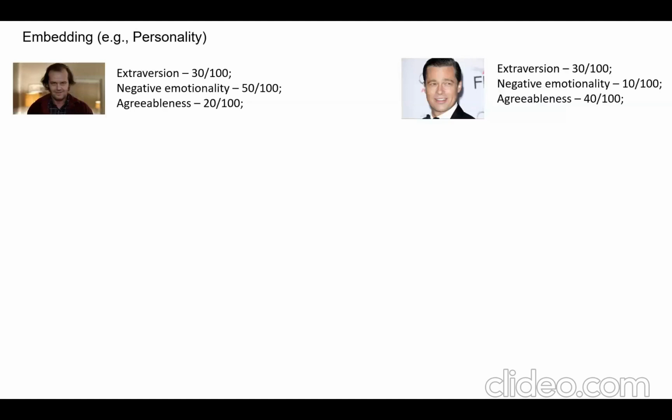Just to show one example of how feature spaces can be created, we can have multiple measures of something, whatever we are interested in, for each specific stimulus. So, for example, instead of presenting the pixel values in these images, we might know the personality scores of these people.